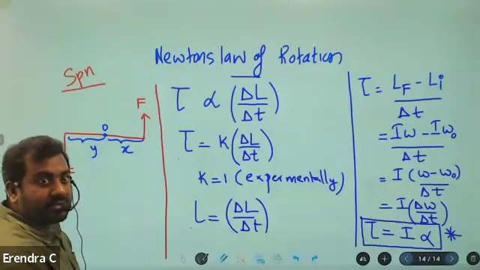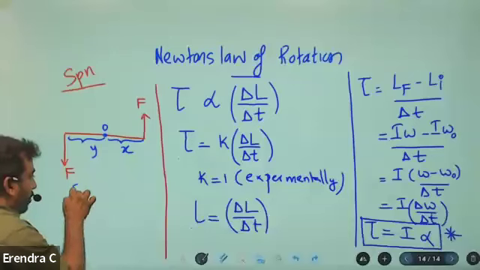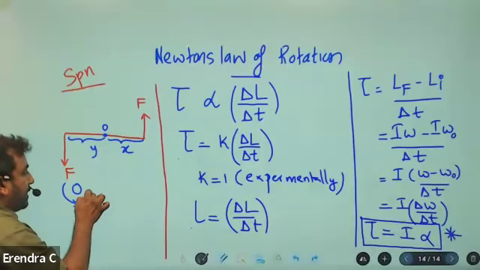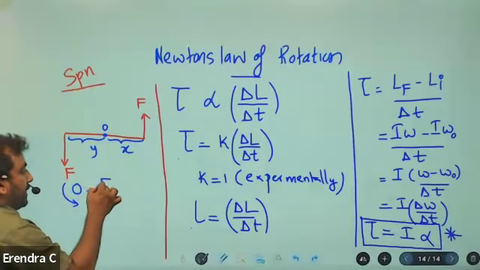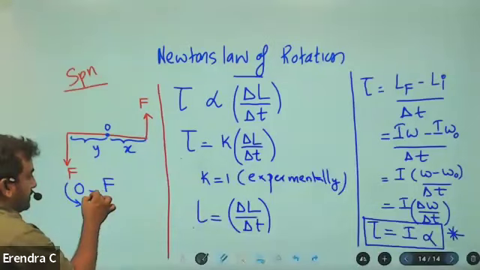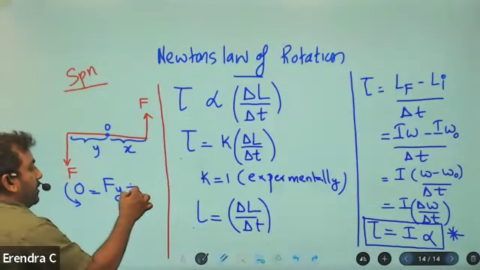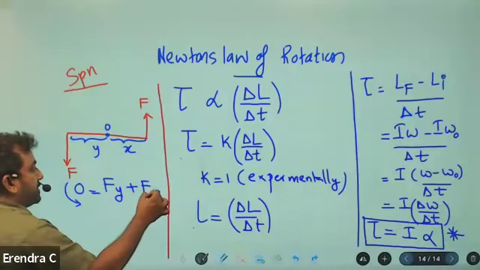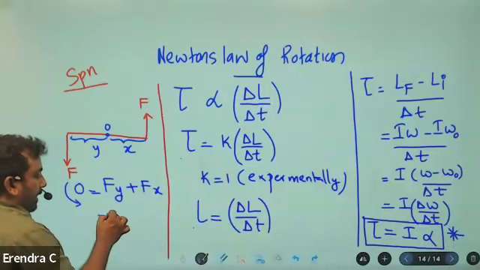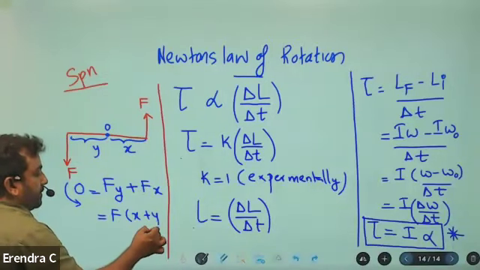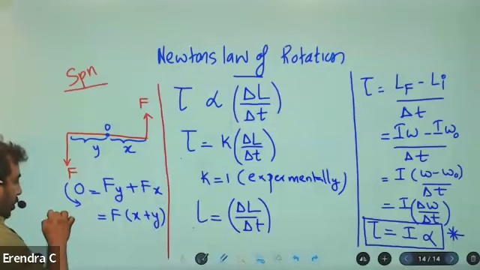Both are anti-clockwise. So about O, if I take force into perpendicular distance, anti-clockwise, and here force into perpendicular distance, F is common, x plus y. This is called a couple.